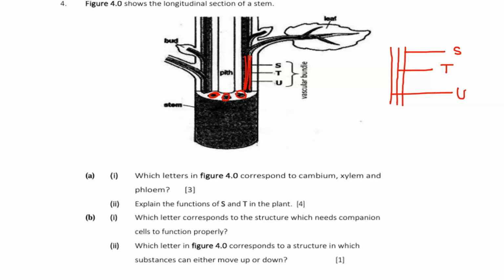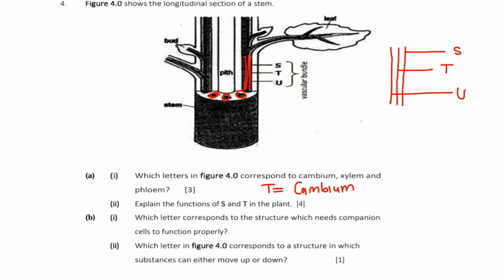So which letters correspond to the cambium, xylem, and phloem? The question might not have been like this, but after explaining, I'm sure you'll be able to get it. For the cambium, it is T. Remember, the cambium is found between the xylem and the phloem, so right in the middle here.